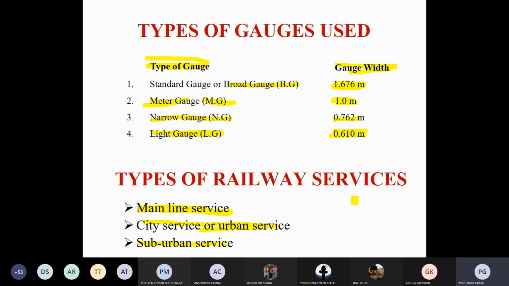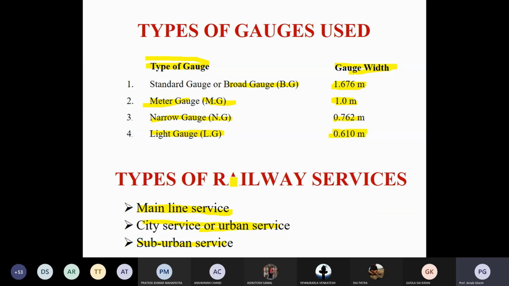Suburban means travel between a village and a city, where the station difference may be more than 10 or 15 kilometers. So three types of railway service are available in India.